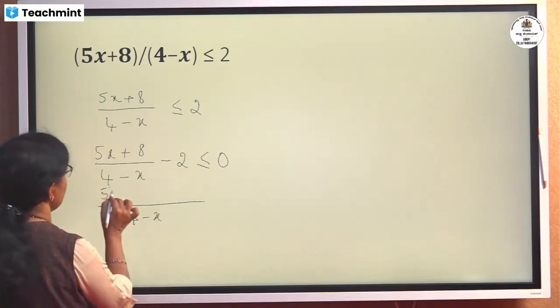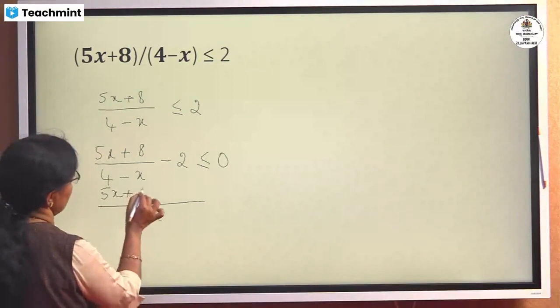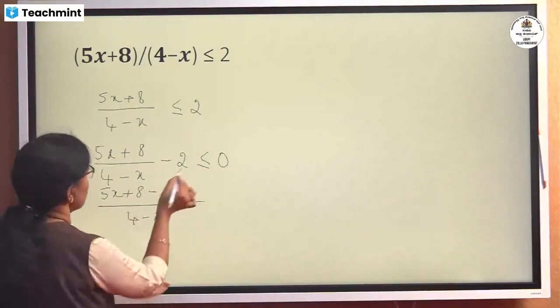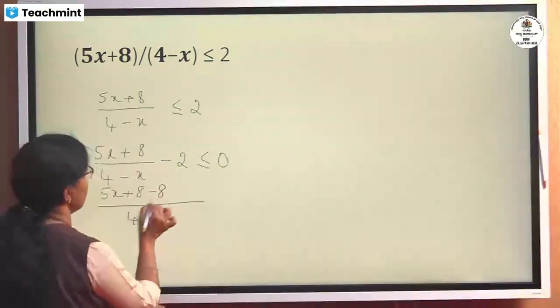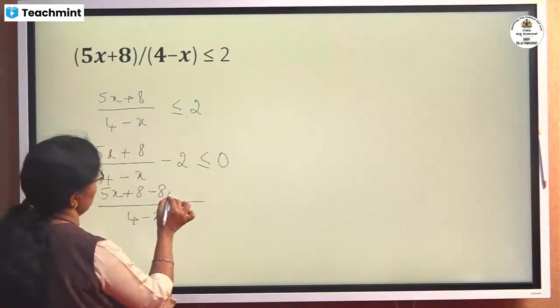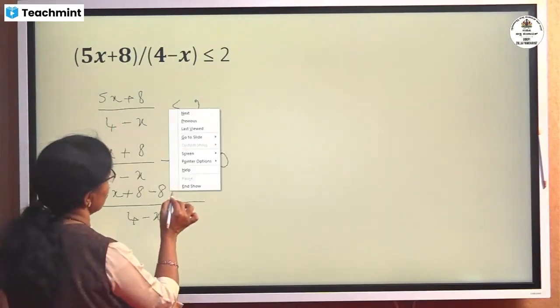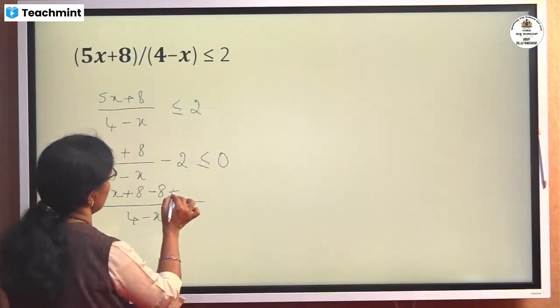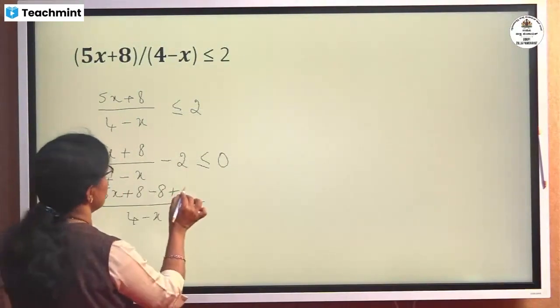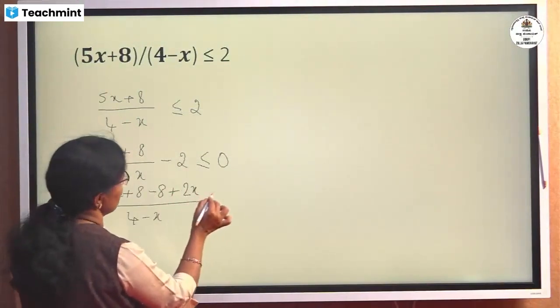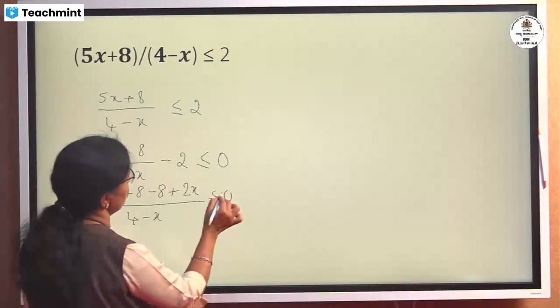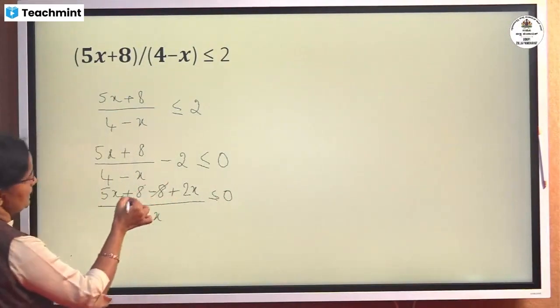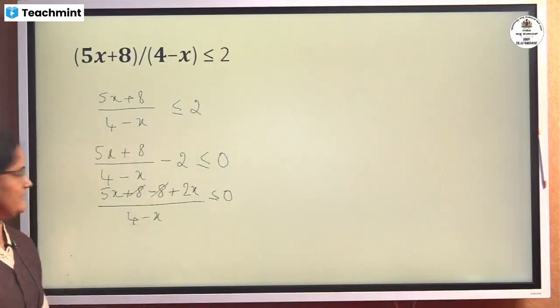So here 5x + 8 - 2 into 4 is minus 8, minus 2 into minus x is plus 2x, which is ≤ 0. So here plus 8 and minus 8 cancel.